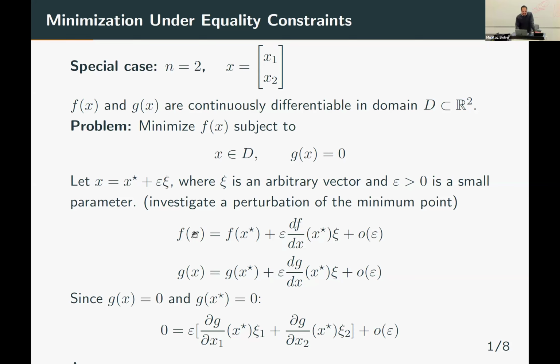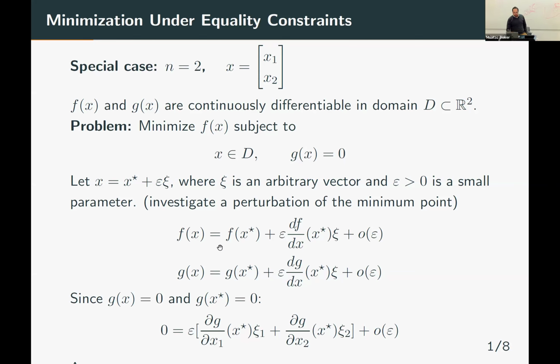Remember, x is a vector, right? So this is the gradient, df with respect to dx1 at x star, times c1, plus and so on. Remember, c here is also a vector. And epsilon is just a parameter, plus order of epsilon, so the other higher order terms, all of them multiplied by epsilon, okay?